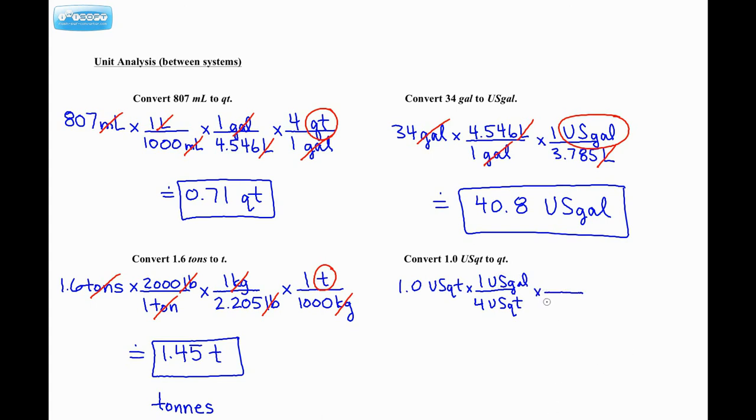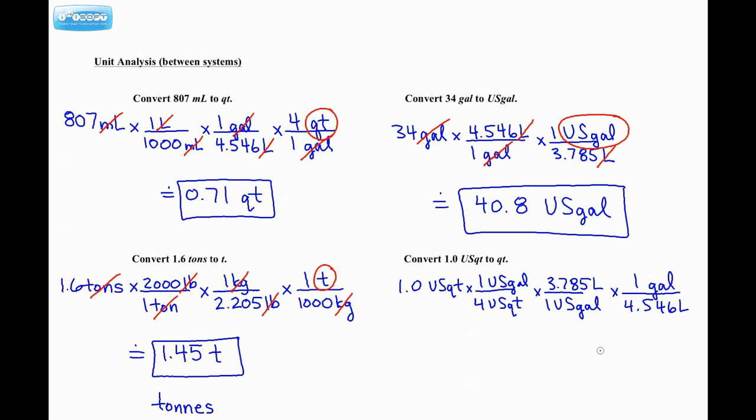So that means 1 U.S. gallon is 3.785 liters. Okay. Now I can go from liters into the Imperial system. So that's 4.546 liters, and that will put me in just regular gallons.